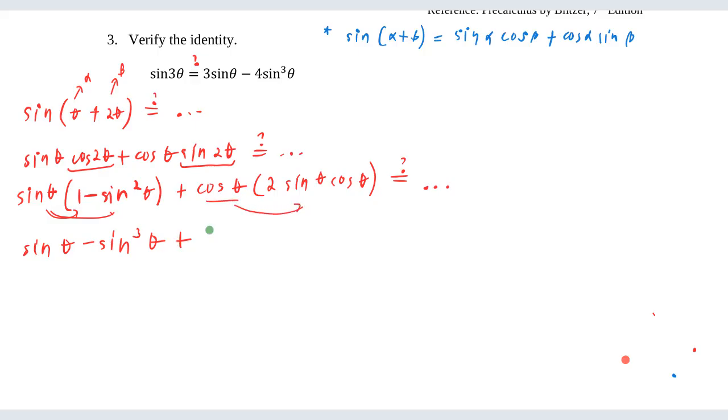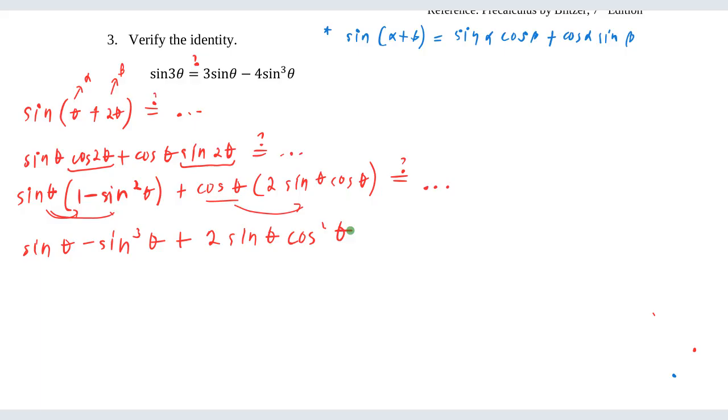For this, we now have 2 sine theta cosine squared theta, okay? All right, so next one, what else do we have here? Okay, so now we are going to rearrange the statement here.